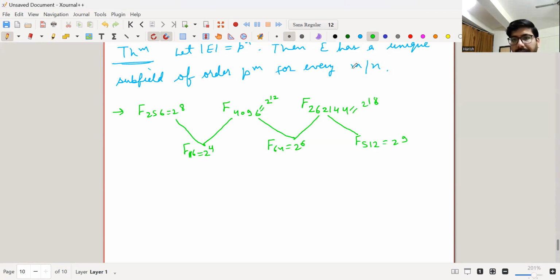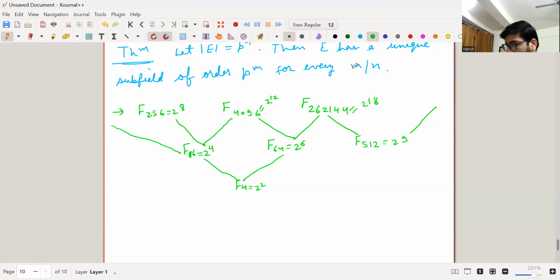Okay, then you can have some bigger numbers also, and bigger fields will contain these fields. And F16 will contain F4 for sure, because F4 is nothing but 2 squared, 2 divides 4, and this 2 also divides 6, so it will also be contained in 2 raised to 6, but it won't be contained in 2 raised to 9.